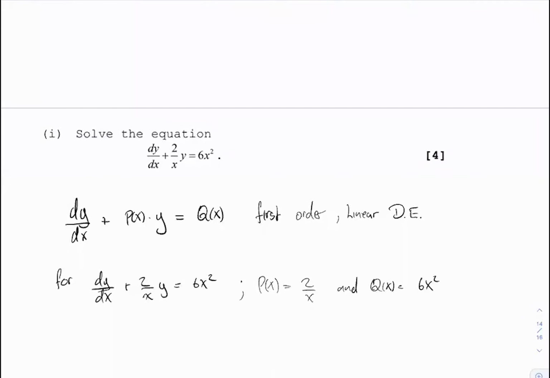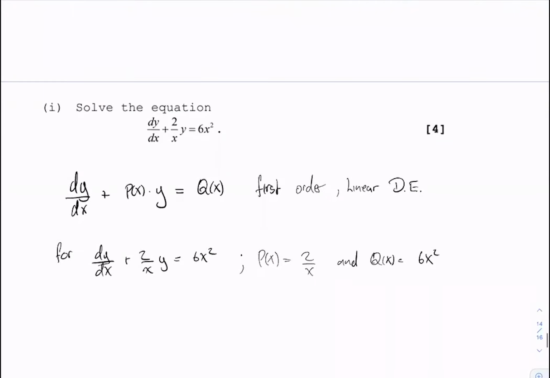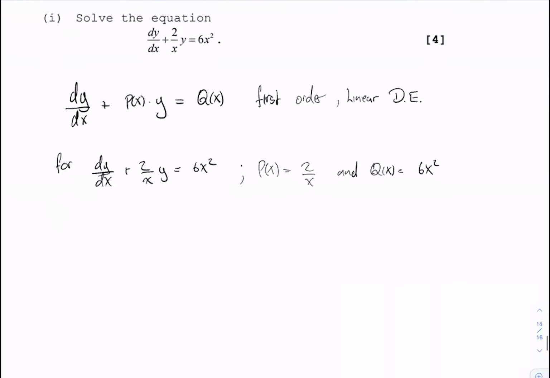All right, so we have to be able to recognize that because this type of differential equation in particular normally comes on the final exam. All right, so how do we solve a linear first order differential equation? We use what we call the integrating factor. All right, so that should ring a bell to a lot of you guys.